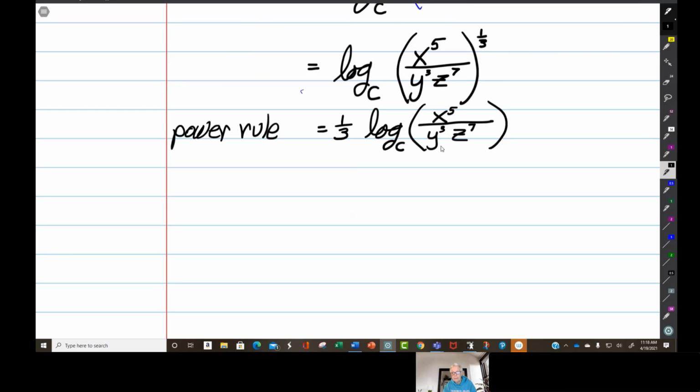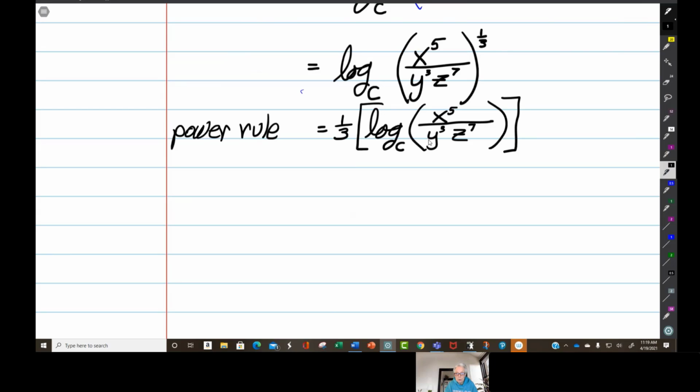All right, I'm going to have to use the quotient rule, but this 1/3 is multiplied by all of it. So I'm going to have to put brackets around that just to keep it together and to keep the 1/3 separate until the end when we'll distribute it into the whole thing.